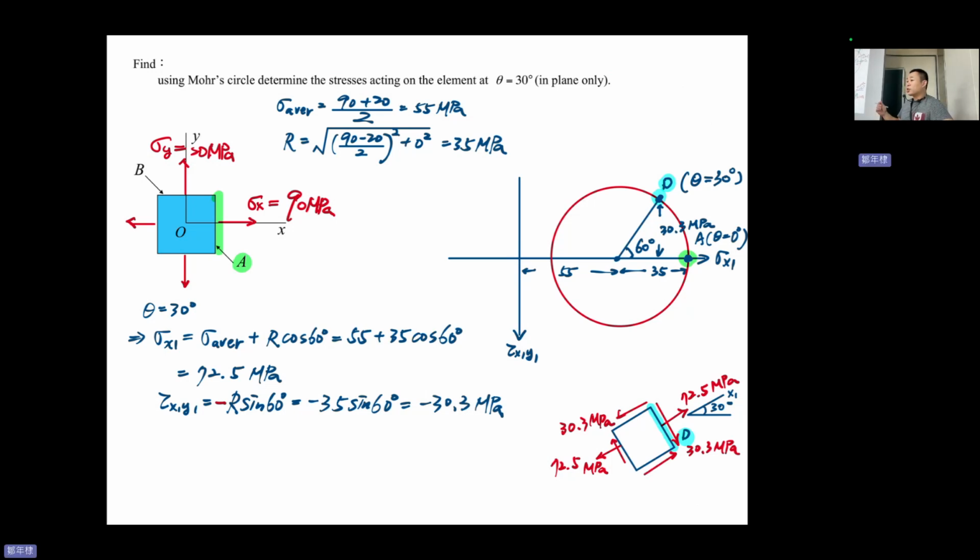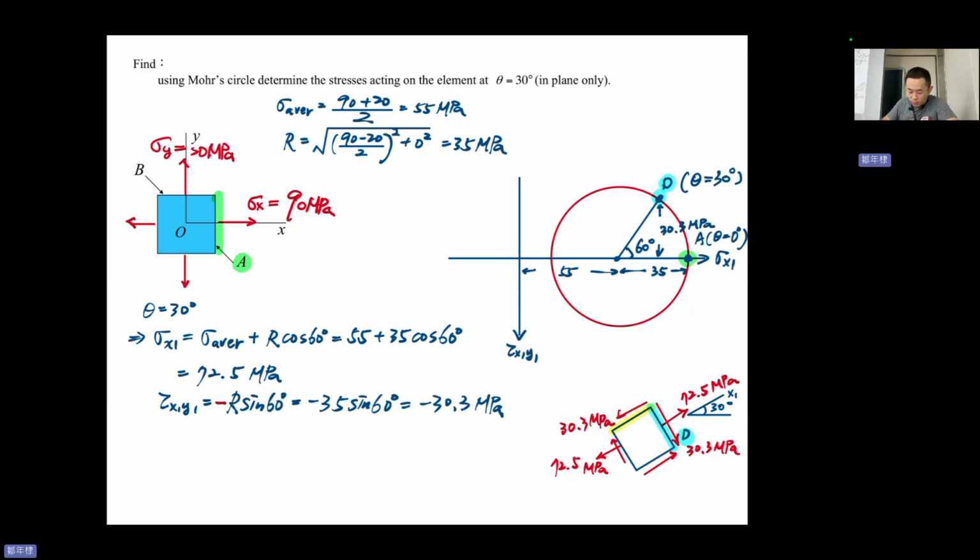Okay, are we done? No, because we still have something here, the normal stress. We haven't found it yet. So we need to find the 90 degree plane like this, the yellow plane. Where is the yellow plane?